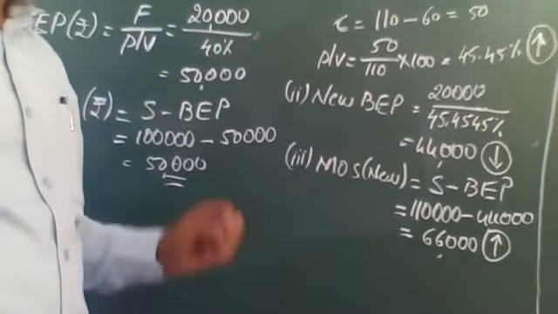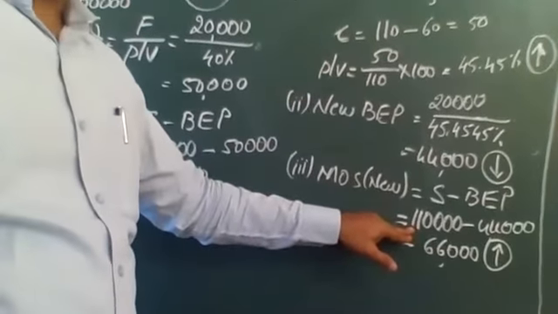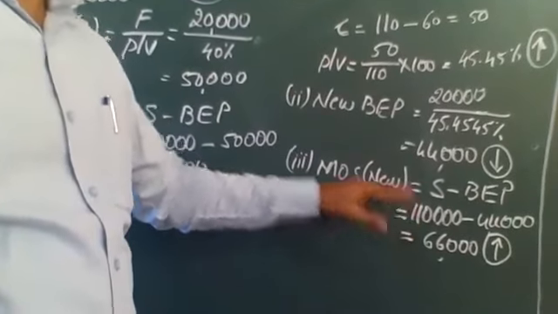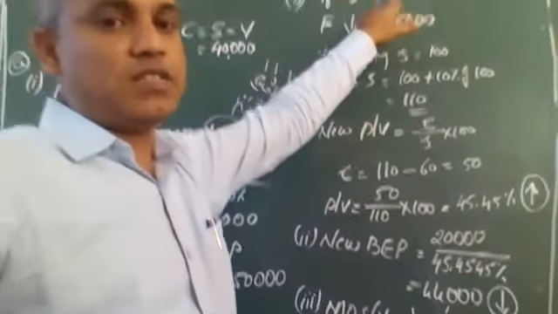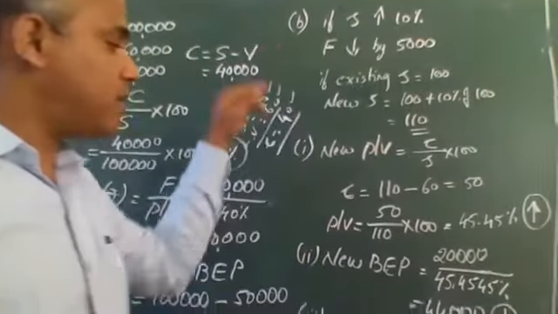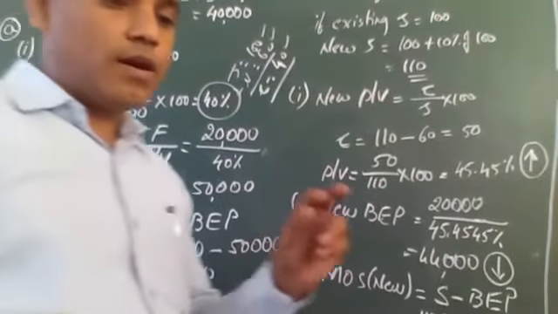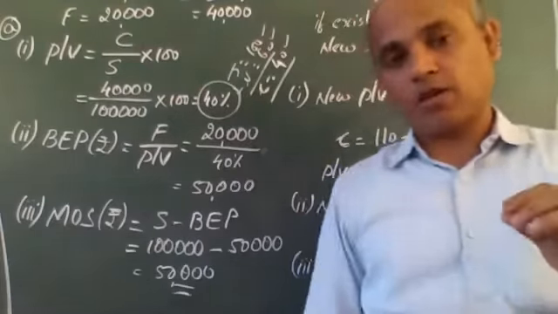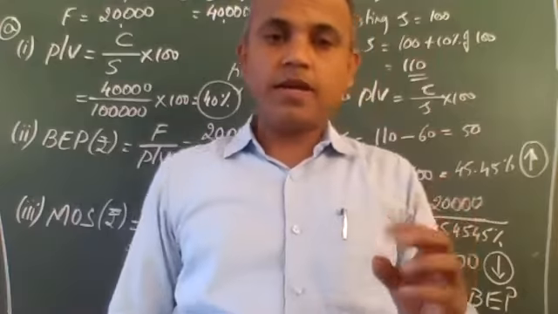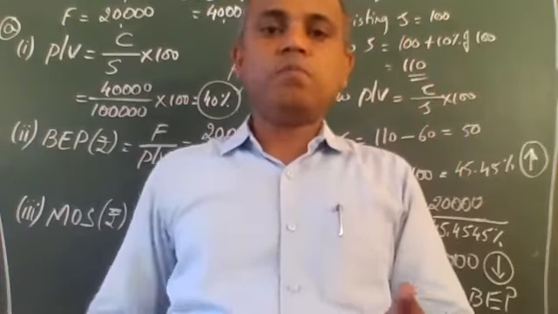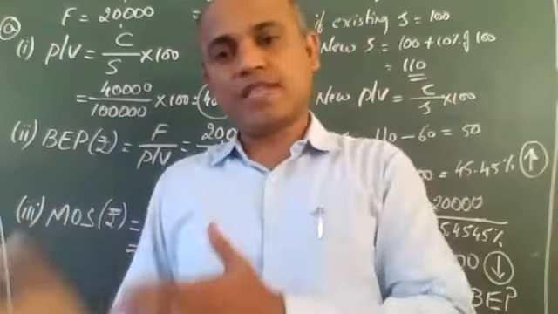Is it okay? The question becomes, sir, from where did you get 1,10,000? You have to remember my old sales was 1 lakh, and the new sales, because there is an increase in the selling price by 10%, will go up by 10% in total also. So the important point you should understand from this numerical is, whenever there is a change in the price, it is going to affect your PV ratio. Because the PV ratio is affected, your break-even point and margin of safety will be affected.